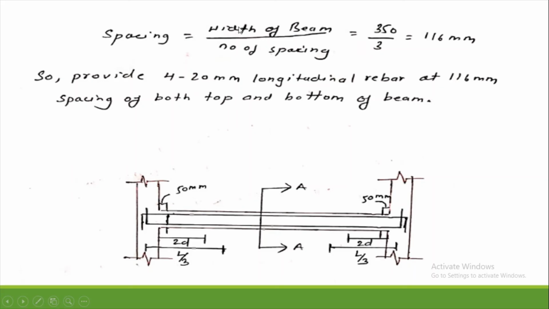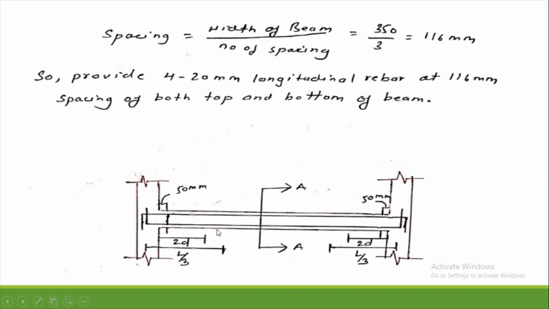That's why I'm taking the width of the beam divided by the number of spacings. After calculating this value, I'm getting here 116 mm. I'm going to keep the longitudinal rebar at 116 mm spacing. So provide four numbers of 20 mm longitudinal rebars at 116 mm spacing at both top and bottom of the beam.